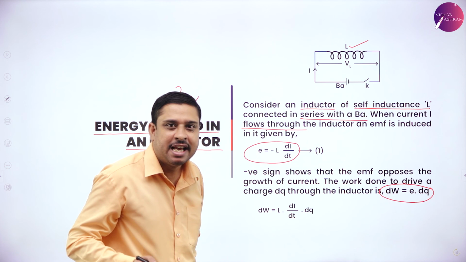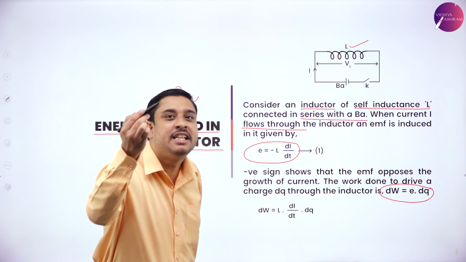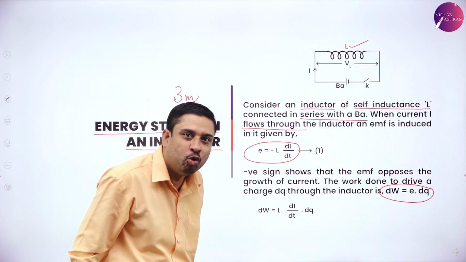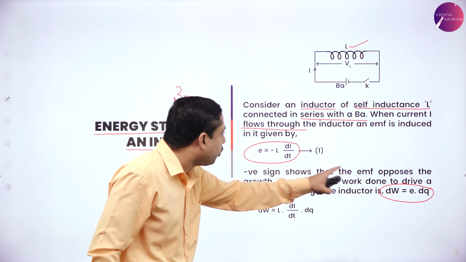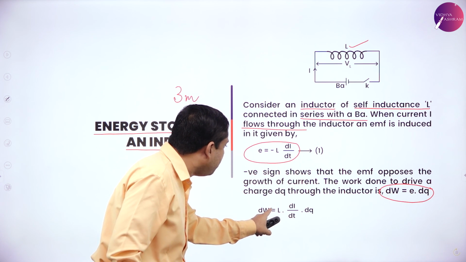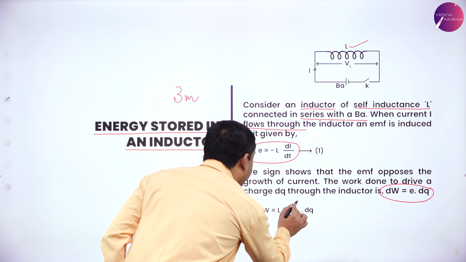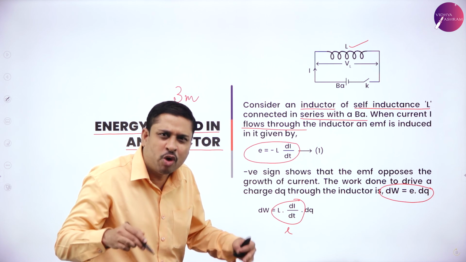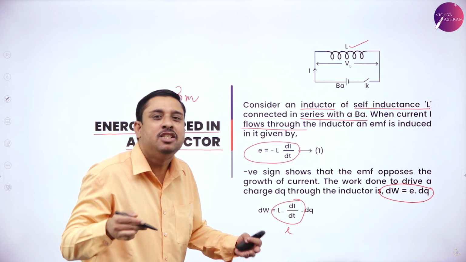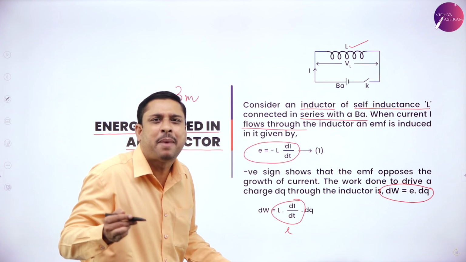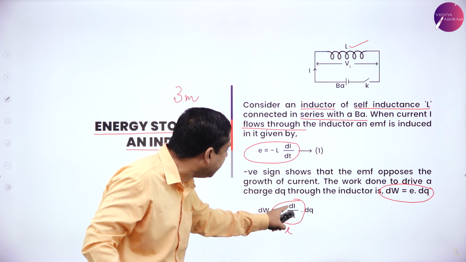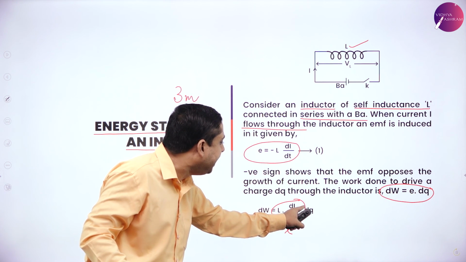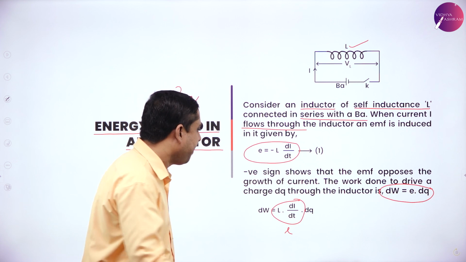This is the force, the EMF, that is driving the charge, and I call the displacement dq. Now substituting for E, dW is L di by dt into dq. Where did the negative sign go? It had only a physical meaning, Lenz's law satisfaction, no mathematical meaning. So I have just taken the magnitude.